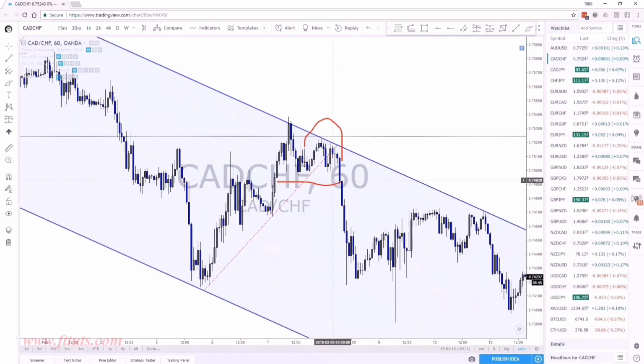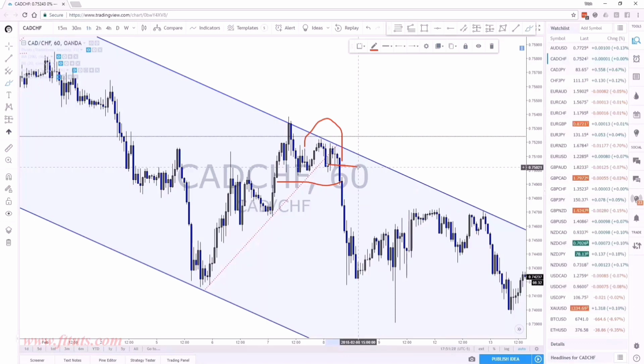Okay, and so here, right after this bearish engulfing, which, as I said, closes below the previous bullish candle. You see what I mean by it needs to close below the previous bullish if we're looking for a sell. Once that happened, we were good to take a sell.